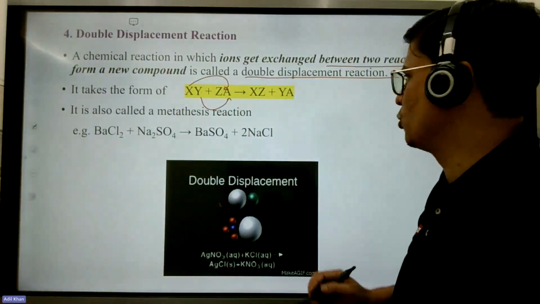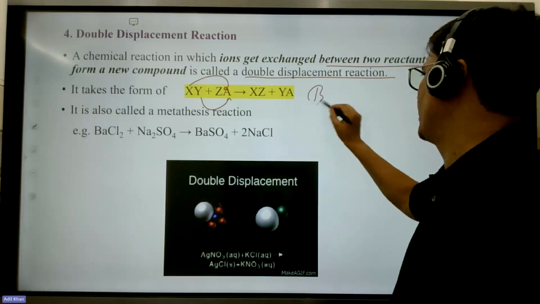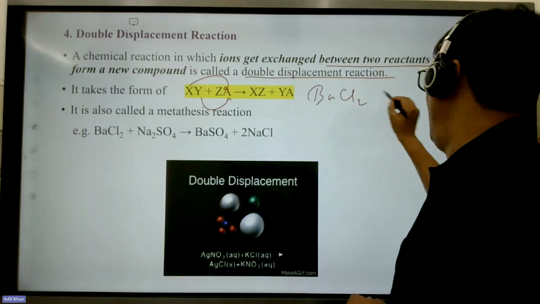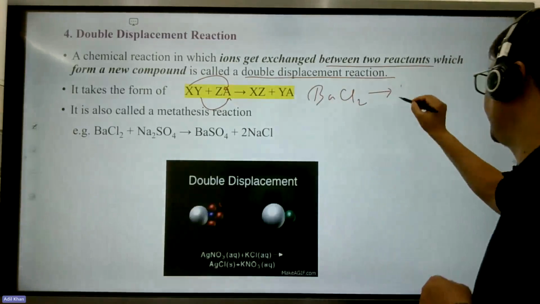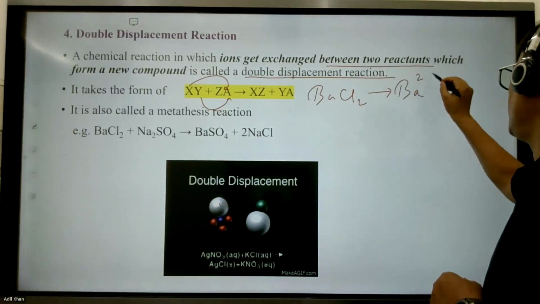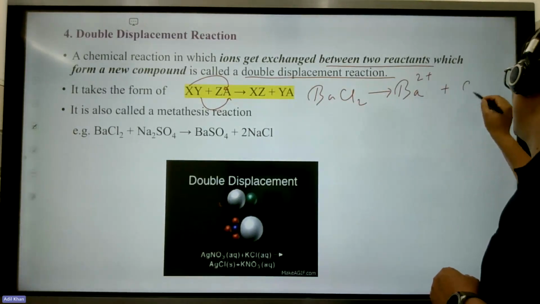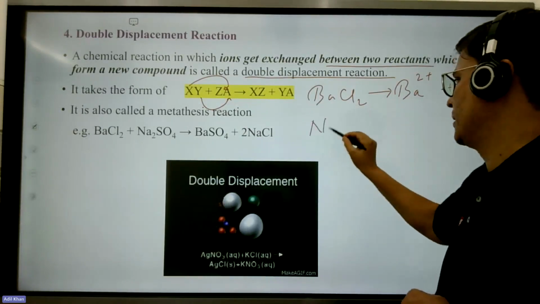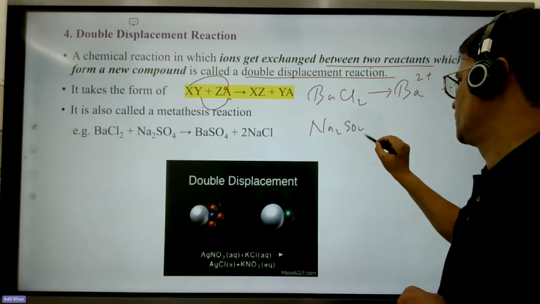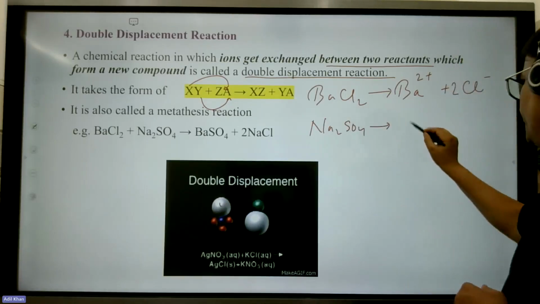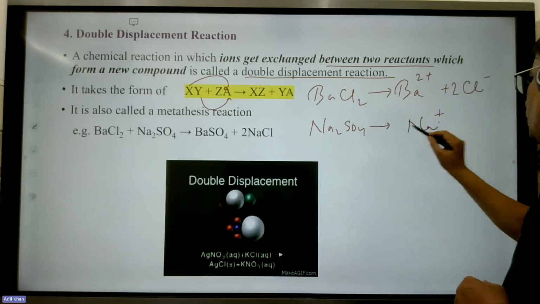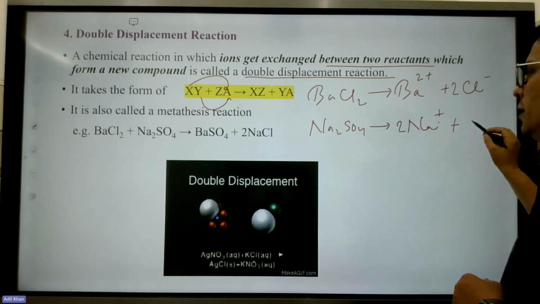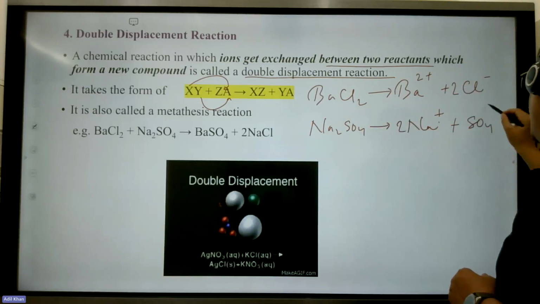So barium chloride and sodium sulfate, when you check. When I take barium chloride in aqueous solution, it will be in barium ion form and chloride ion form. And when I take sodium sulfate in aqueous solution in the presence of water, sodium as cation and sulfate as anion.